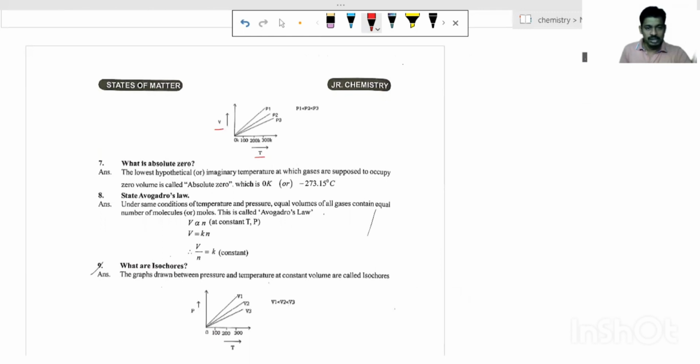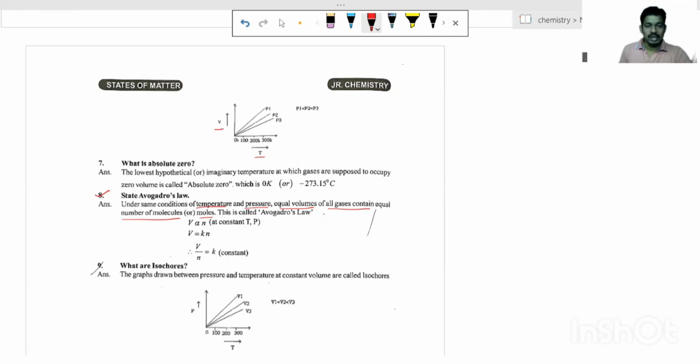Next, let us see Avogadro's law. State Avogadro's law. Under the same conditions of temperature and pressure, equal volumes of all gases contain equal number of molecules or moles. This is called Avogadro's law. Which is mathematically expressed as V is directly proportional to n.